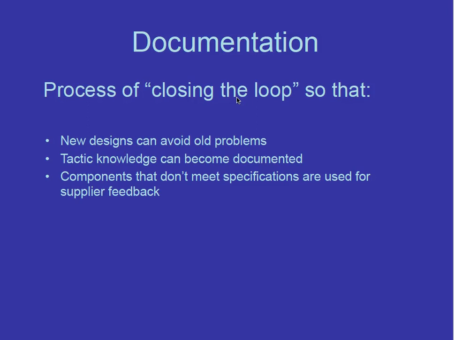And also for some other technician, it's good to refer to the old documents when they are troubleshooting, to see what happened to that kind of equipment. They often get these issues, so that knowledge is important. So tacit knowledge can become documented. Components that don't meet specification are used for supplier feedback.